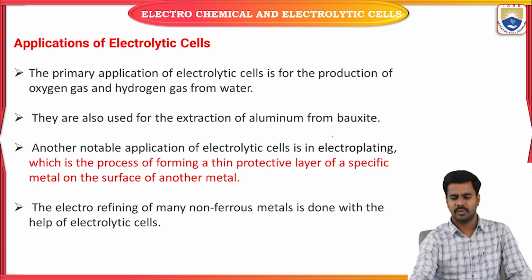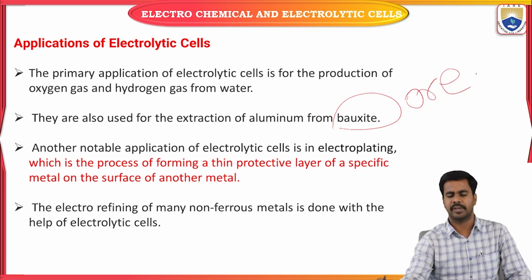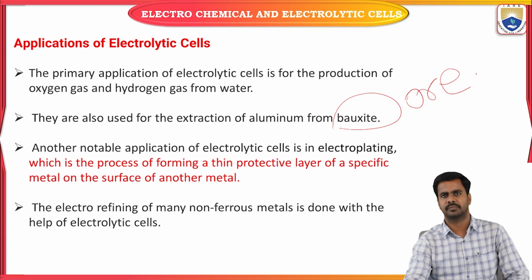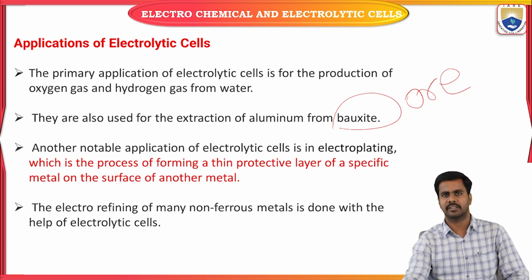We know that bauxite is the ore of aluminum. So with the help of an electrolytic cell, during the electrolysis process, aluminum can be extracted from bauxite.